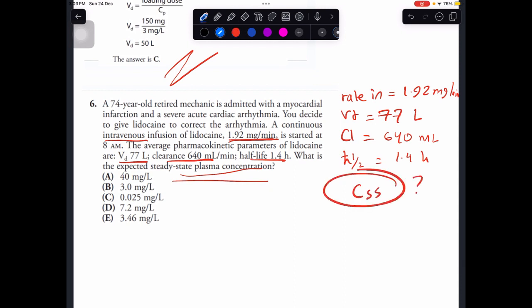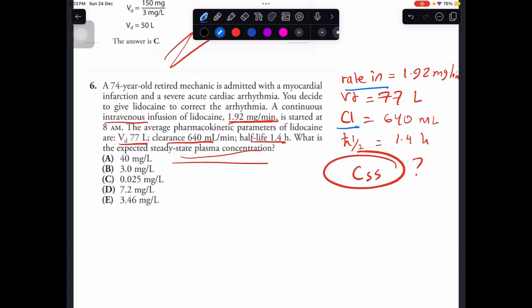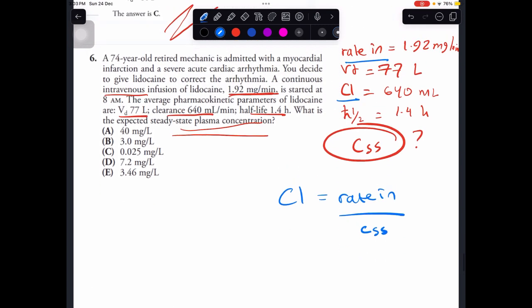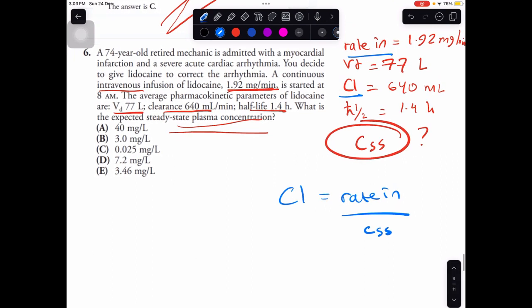Now, I can see that there's rate in, and I can see the clearance. I remember right away my formula: clearance equals rate in over CSS. Now I can just solve it accordingly.